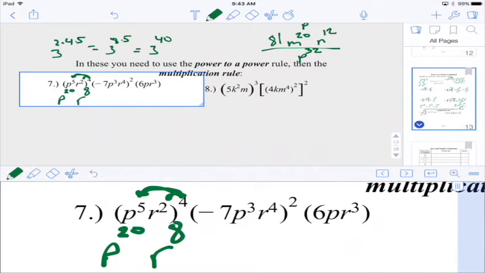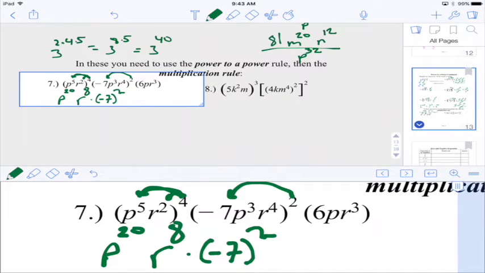There's power to a power. Then I'm going to do my negative 7th to the second power. Then I've got my p to the 3rd to the second, so p to the 3 times 2, 6. Then I have r to the 4 times 2, which is 8.